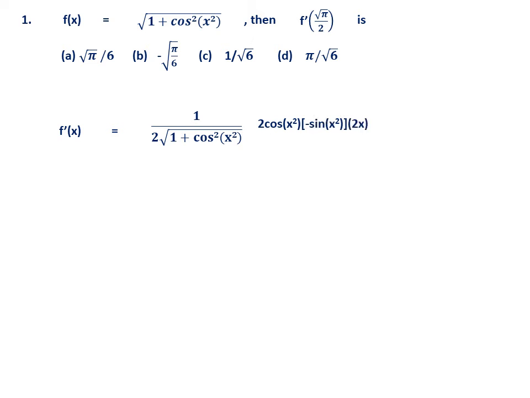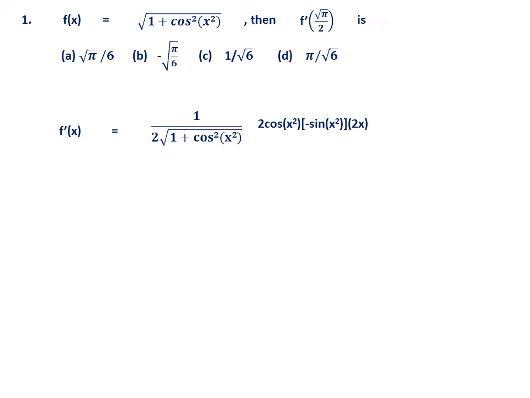Then differentiate whatever is inside the square root, that is 1 plus cos square x square. Differentiation of 1 is 0. So differentiate cos square x square, that is 2 cos x square, then minus sin x square, then once again you have to differentiate x square, 2x. So this is the chain rule.